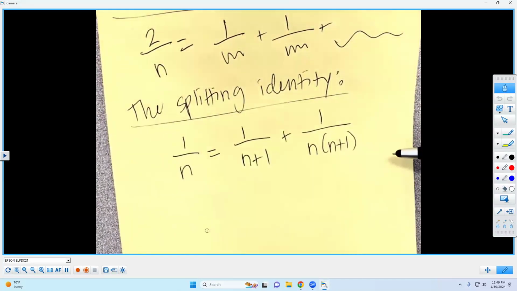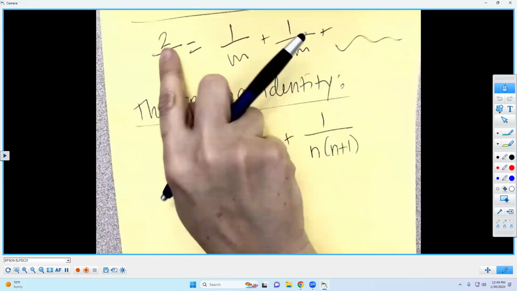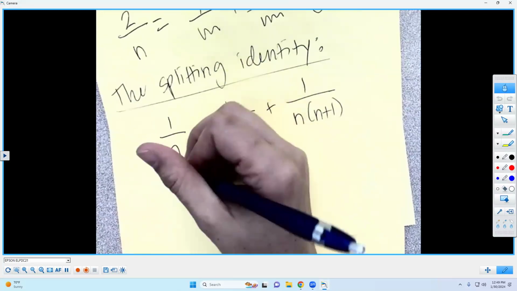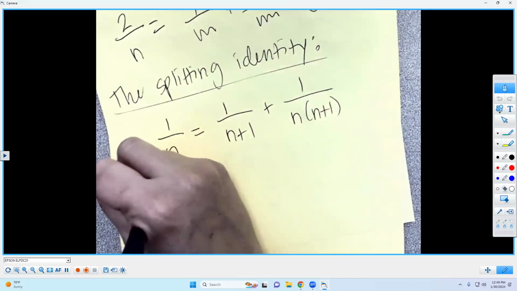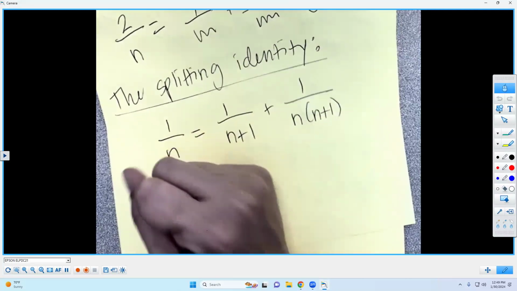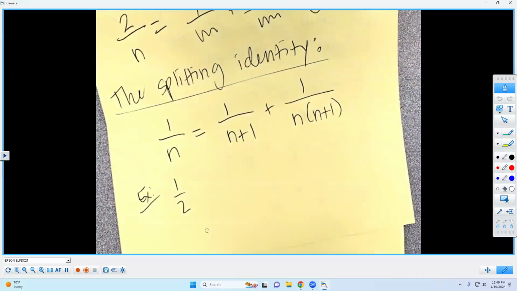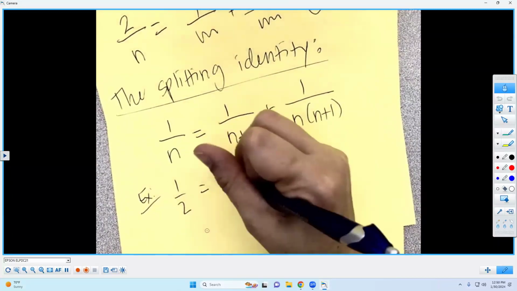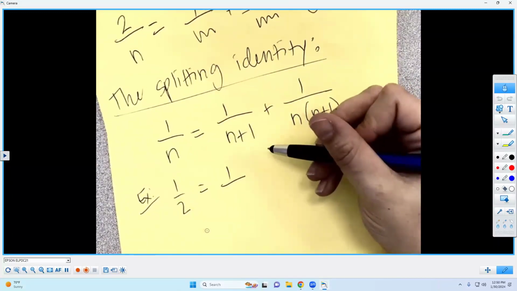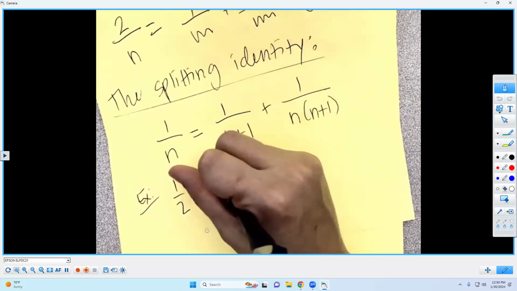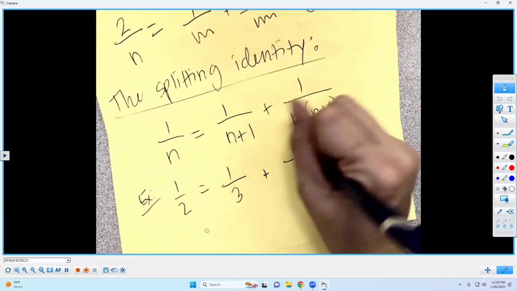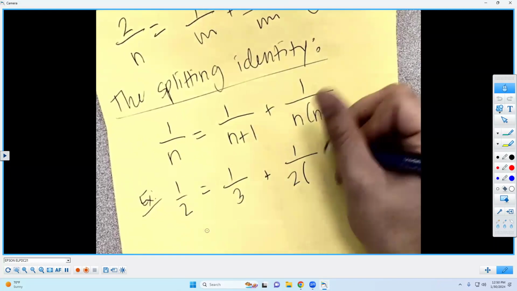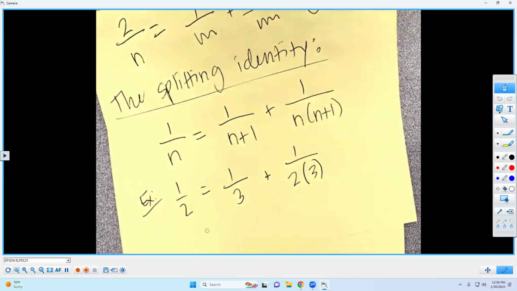So let's get the hang of this first, and then I'm going to show you how I can use that for this version of the problem. So if I have 1/2, I can rewrite 1/2 as 1/(n+1), which would be 3. So 1/3 plus 1/(2 times 3).